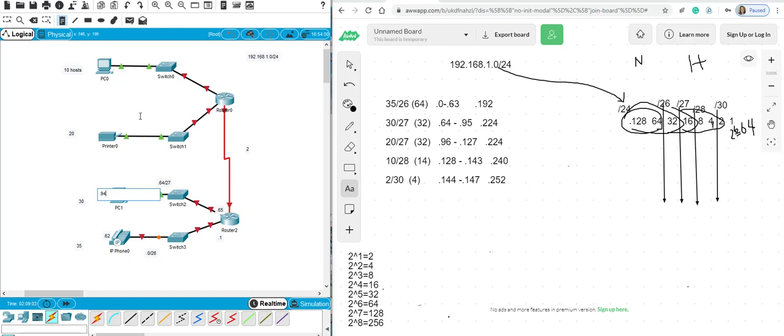Then I would go over here, and this would be my .96 network with a /27. This would be the, let's see, what would this one be? .97. And then this one would be .126. Then I'm at my group of 10.